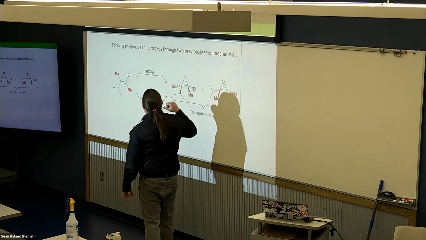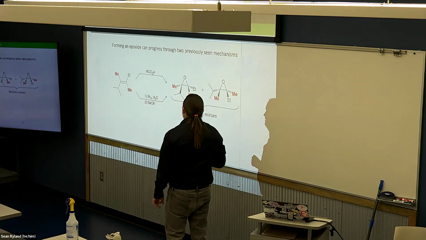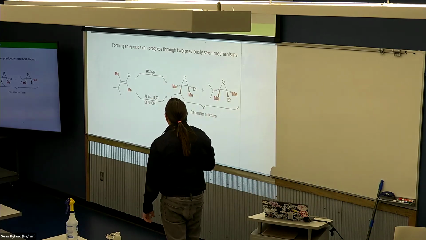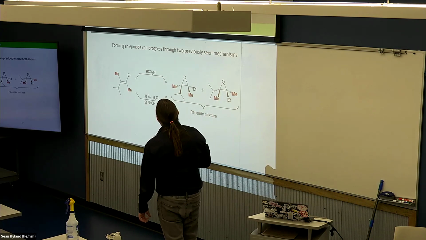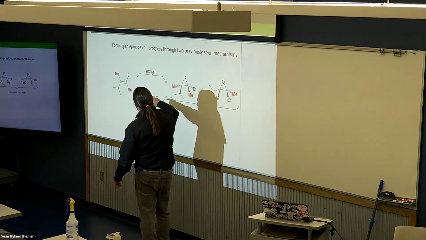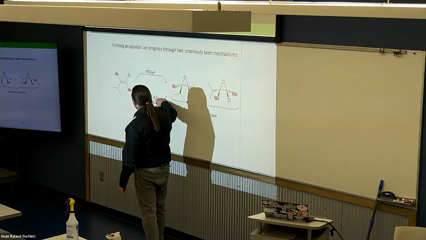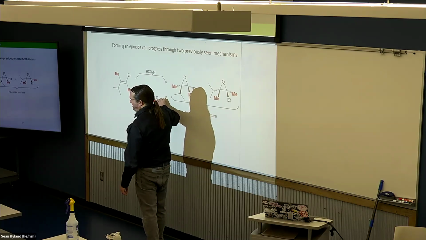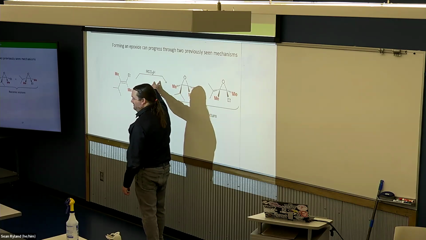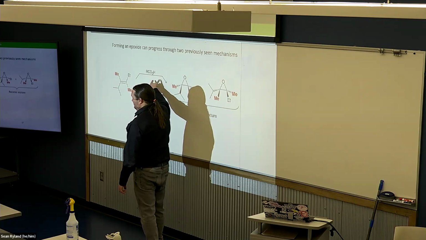Epoxides, we have. I don't remember, this first one made a halohydrin, and then I think we deprotonated. We didn't spend much time on the bottom ones, so don't worry about those, but this top one, we've seen before, right?